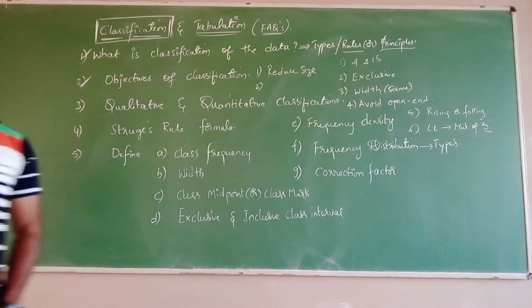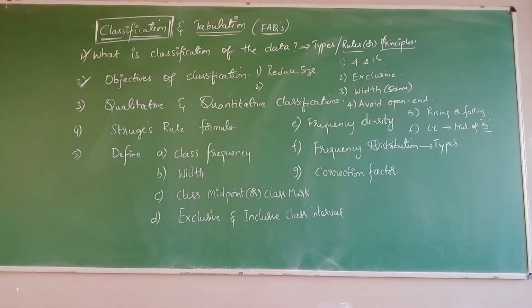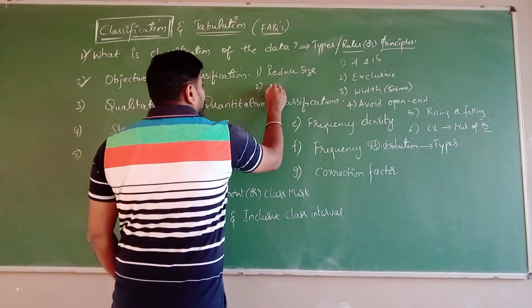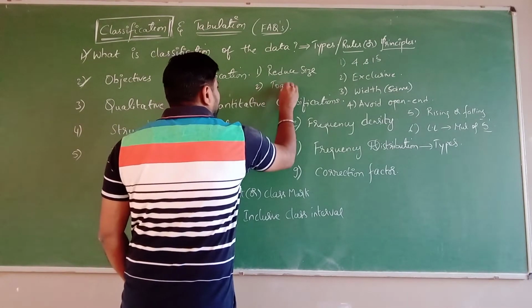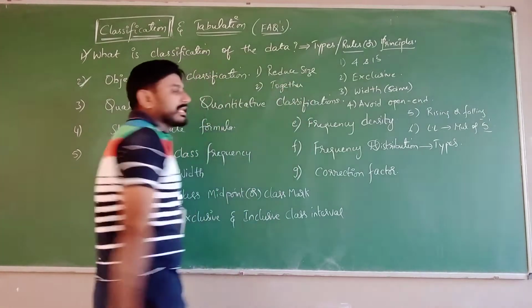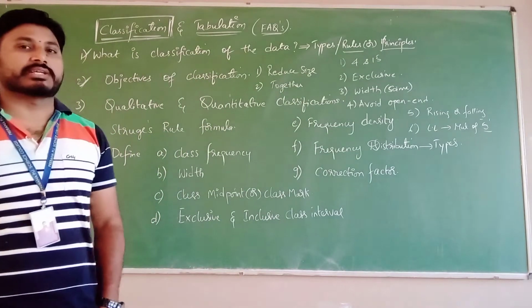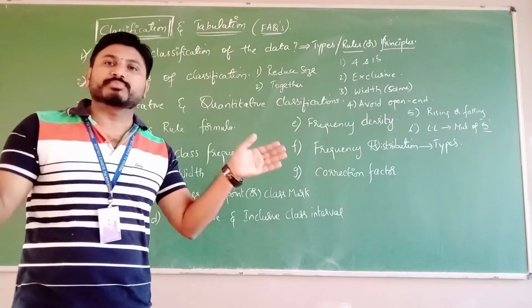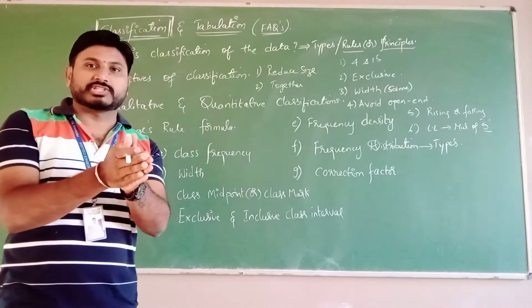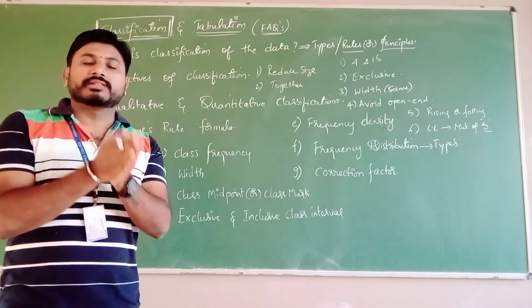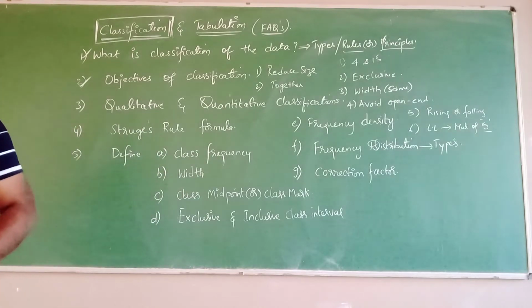The main advantage of classification is to reduce the size of the data. Next one is to bring the similarities together, because classification has a common characteristic, right? So all the similar things are brought into one classification, one group. That itself is the advantage of classification.